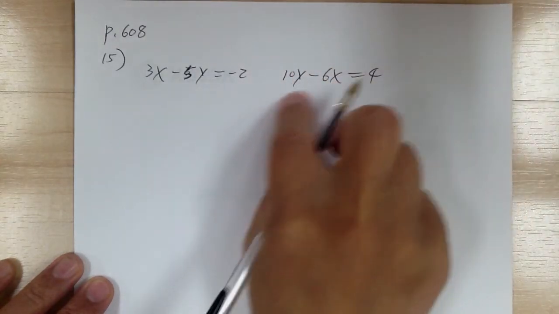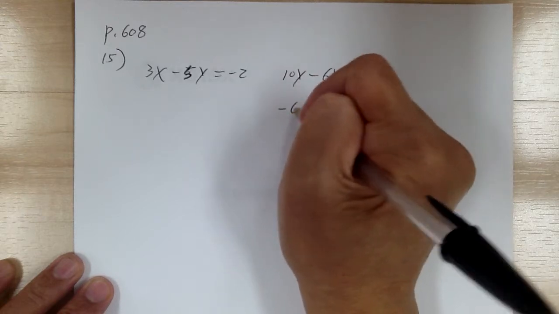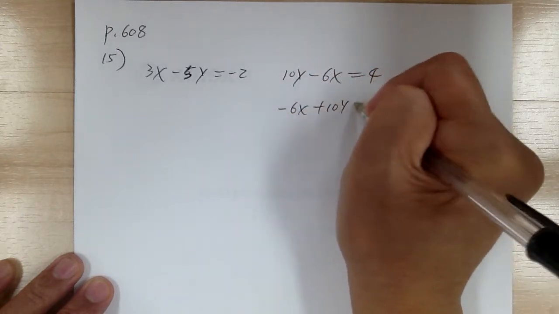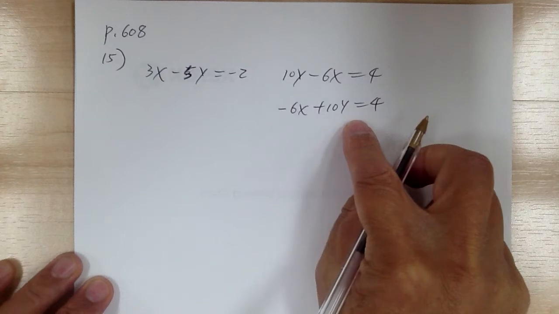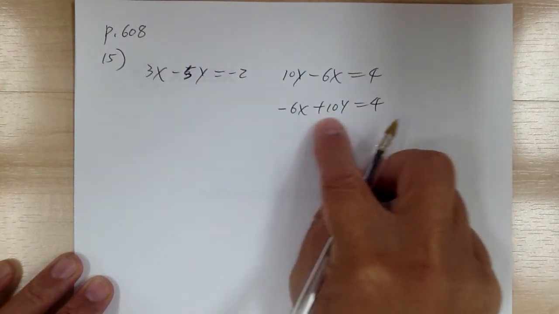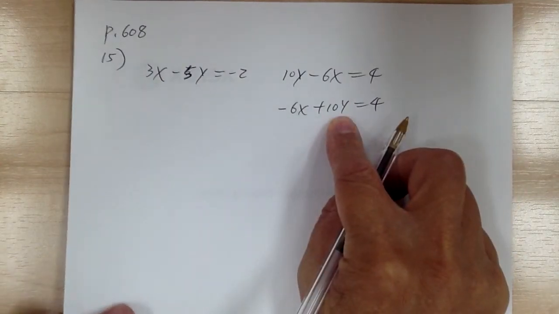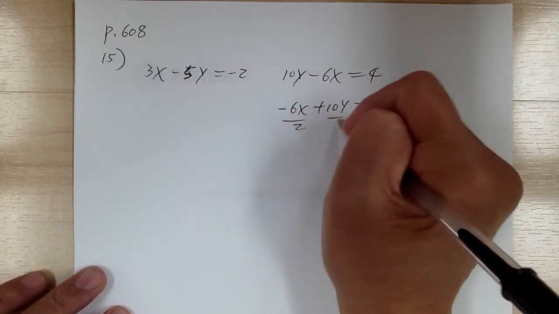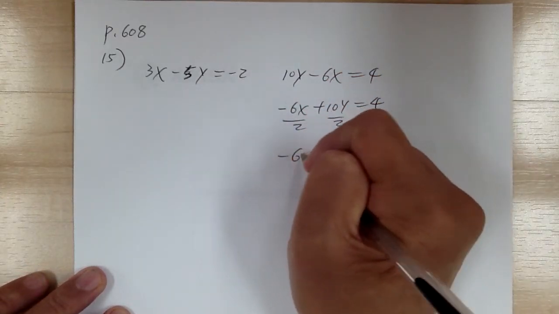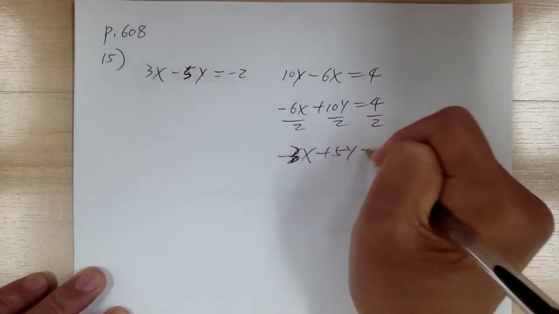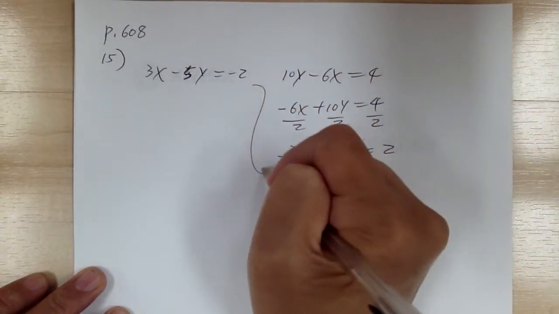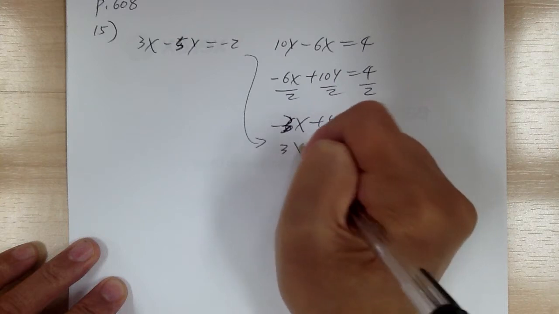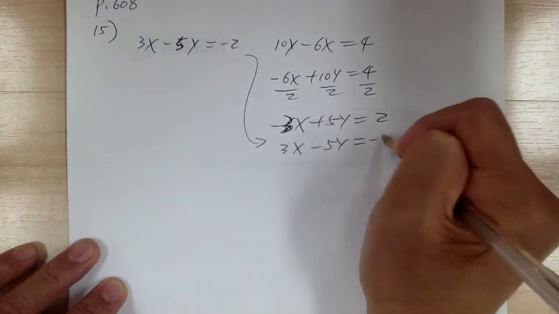So first I'm going to switch this over here, so put it in the correct order. Then I'm going to divide by 2 to lower my number. So I get negative 3x plus 5y equal to 2. Then I'm going to put this under here. So I get 3x minus 5y equal to negative 2.